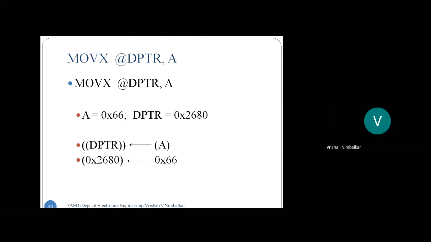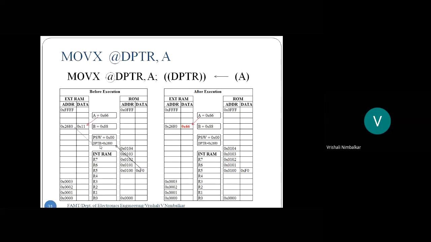So let us clarify again. The same example is given. MOVX @DPTR, A. Data from the accumulator is copied into external RAM memory pointed to by DPTR. Okay, so see your table. This is external RAM memory and somewhere here is 2680 hex. This is the address.